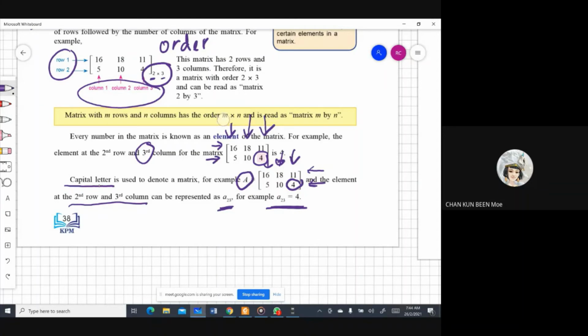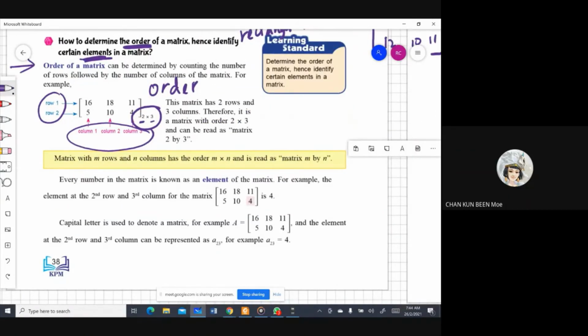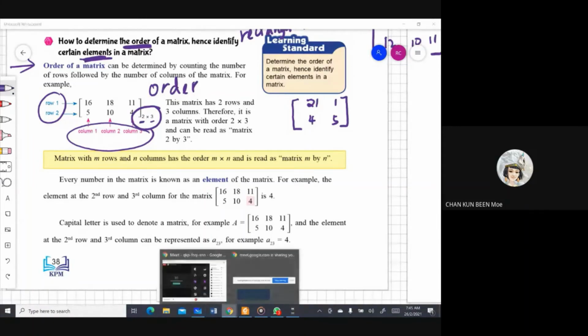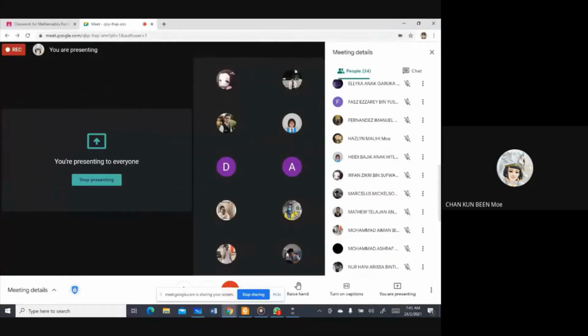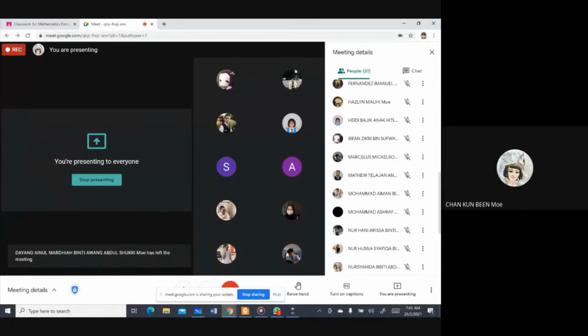Okay, so now I'm going to ask a question here. From what we have learned, the order and also the elements, for example, if I have this matrix, Hazlin, are you there? I want you people to answer the question right now.